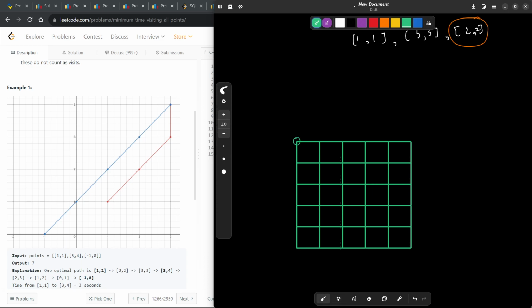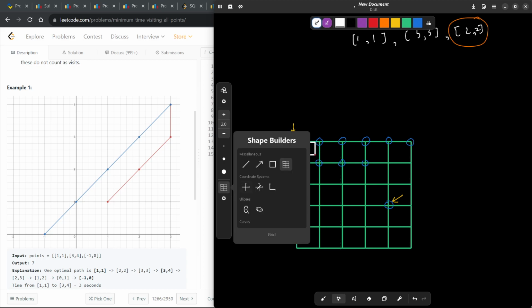So this is 1 point, this is second point, this is third point, 4 point, 5 point, right? So let us assume that these are the points that we have. Now let's say you are at this particular position and you want to go here, right? So what will be the shortest path? Now you would always want to constantly move towards this particular point, right?